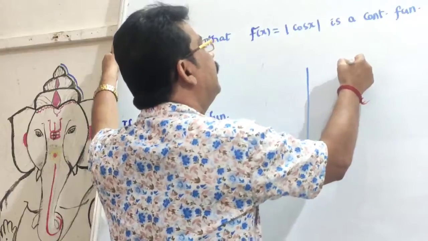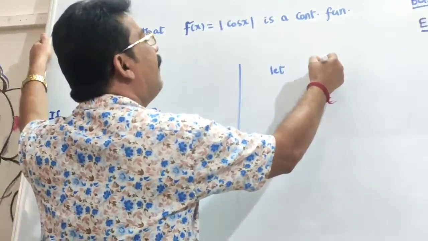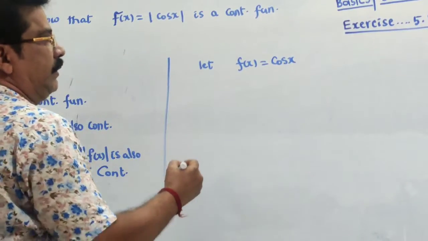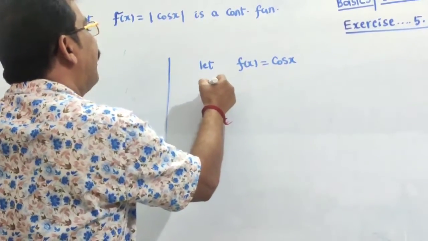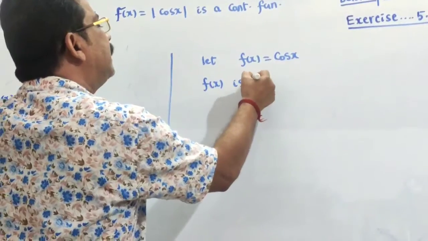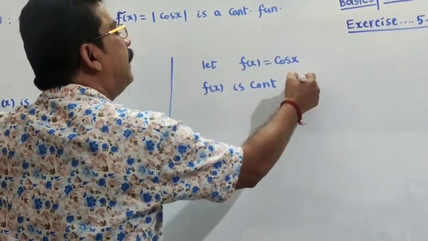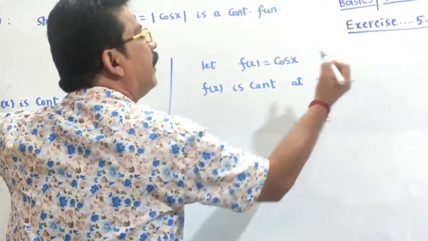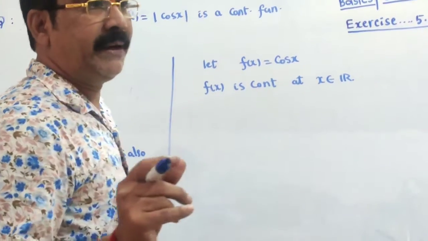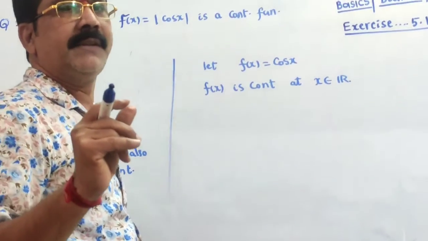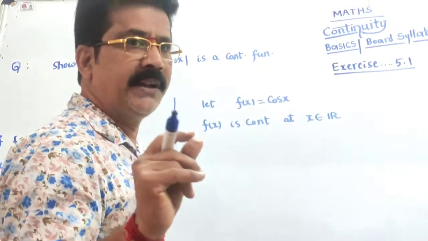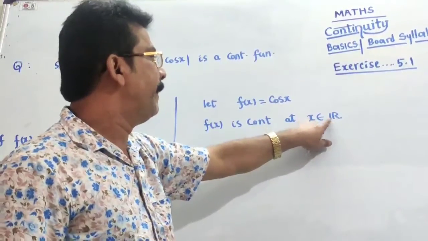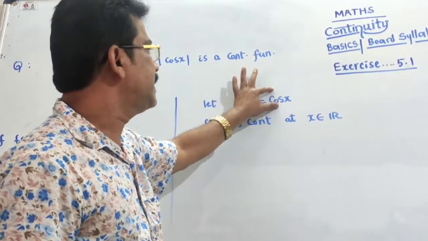Okay. Here let small f of x is equal to trigonometric function cos x. So clearly f of x is continuous at x belongs to capital R, because every trigonometric function is continuous at their respective domains, means cos x domain capital R. So therefore at every real number cos x is continuous.